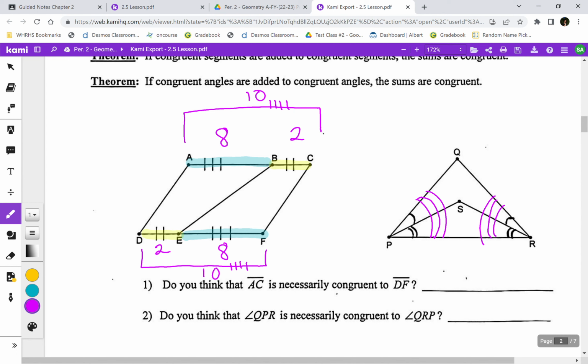Isn't that 3 loops altogether? If you go to the other angle, QRP, again, it's 1 loop plus 2 loops, isn't that 3 loops altogether? So because the parts of the angles are congruent, the whole entire angles will also be congruent. That's also addition. So do you think AC is necessarily congruent to DF? Yes. Do you think angle QPR is necessarily congruent to angle QRP? Yes.